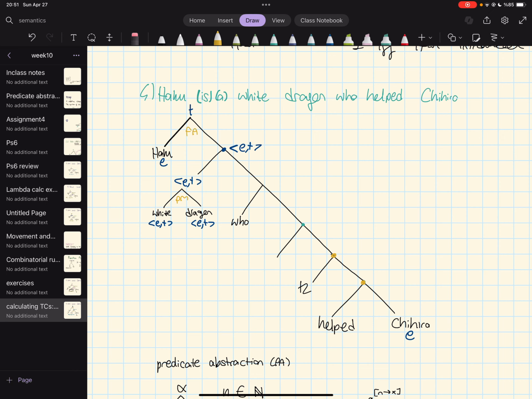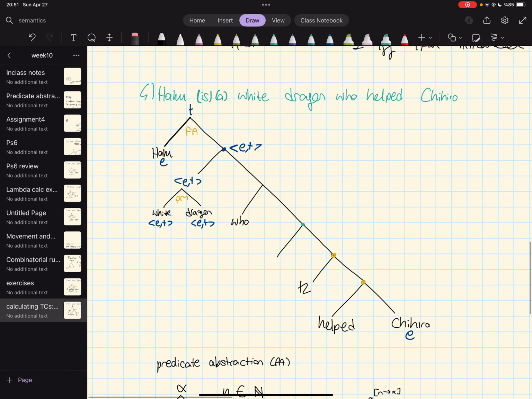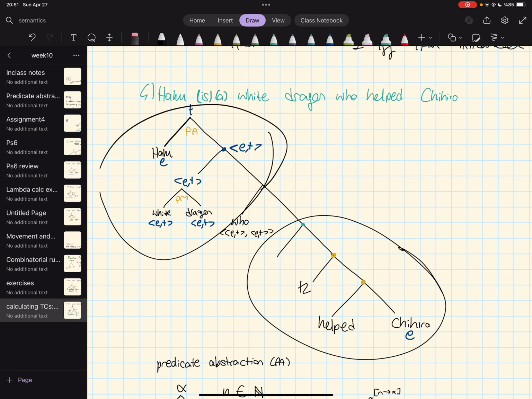And then, who is new to us? This is a relative clause. Haku is a white dragon who helped Chiro. Who is an operator, and operators are always of type ET. This is something to memorize because the way that it works is who takes whatever has come before, and it will be returning whatever is up there.